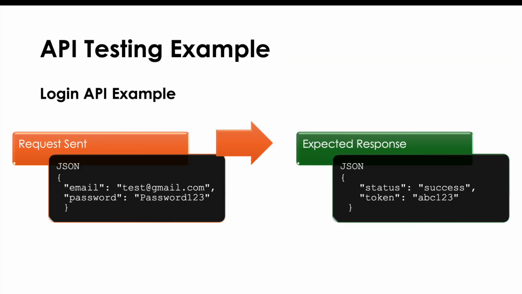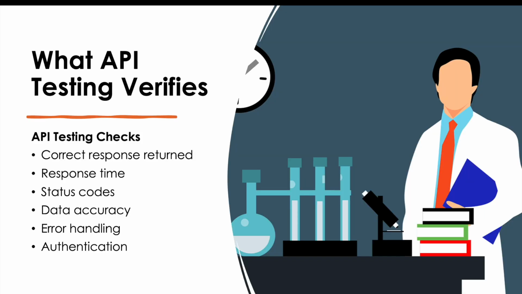An API testing example would be the request sent. This is the language that we will learn later, JSON. So the email is test@gmail.com and the password is password123, and the expected result is status success and token ABC123. So this will be in Postman.